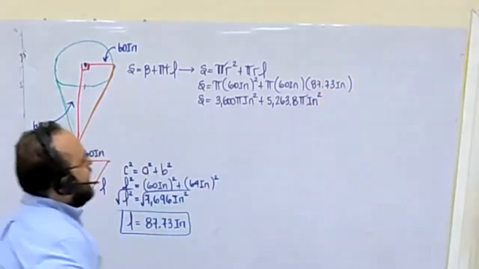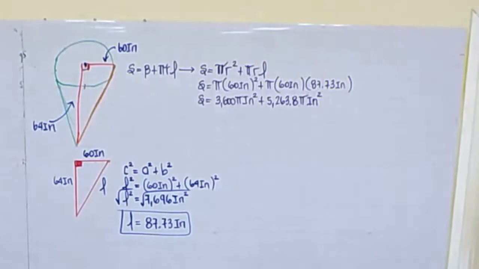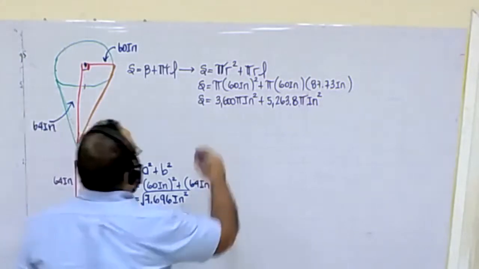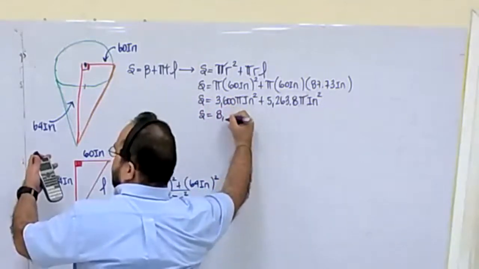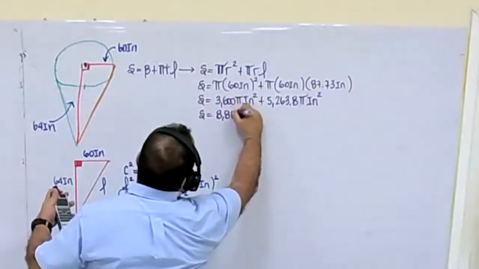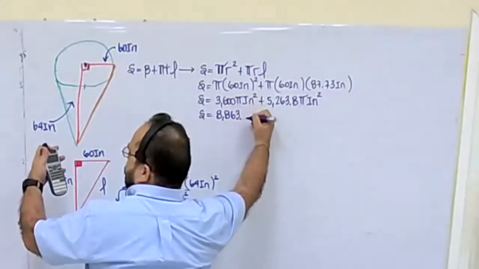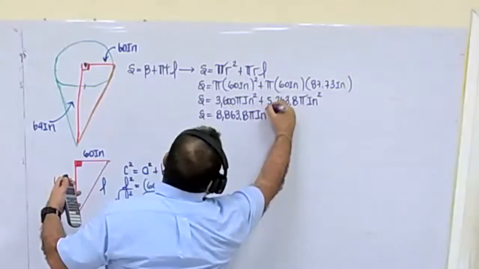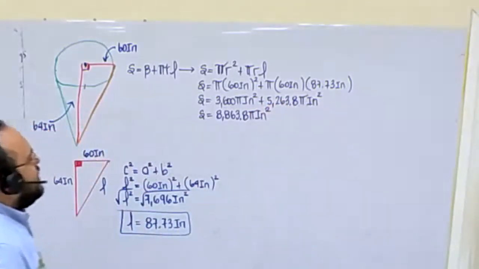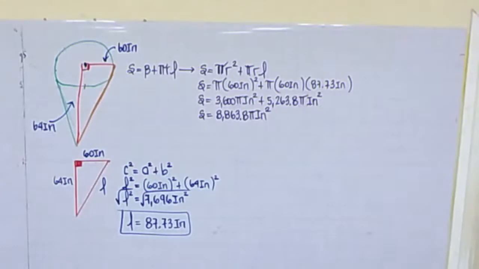Now, applying like terms, we can add this value plus 3,600, and that will be 8,863.8 pi square units. Well, this is the moment of truth because we are simplifying the whole expression.